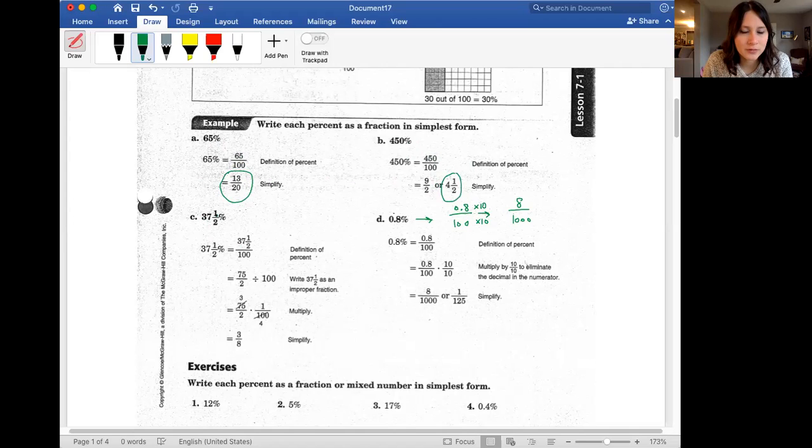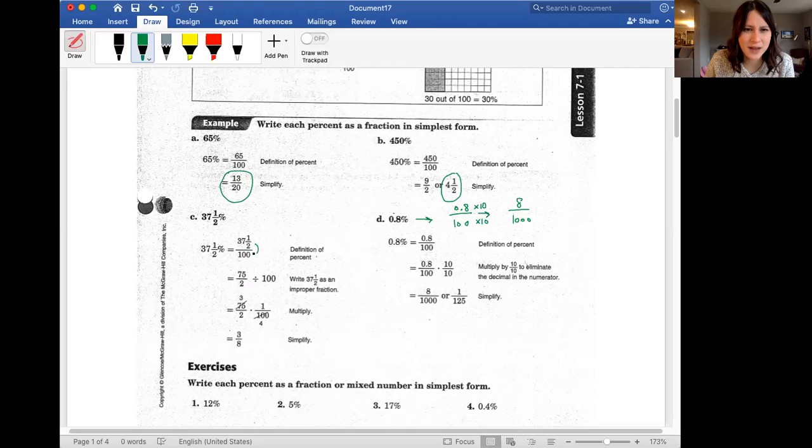And then we have 37.5. So writing this as a fraction, you could even reduce this if you wanted, divide by 100. So 37.5 over 100 became a simplified fraction of 75 over 2 divided by 100, right?